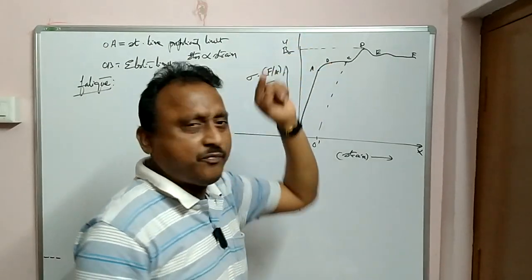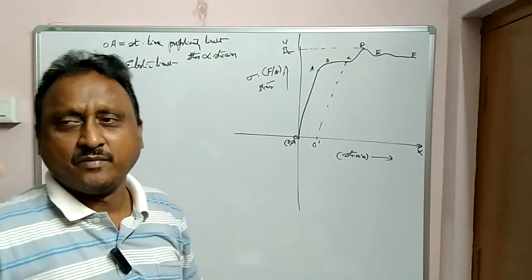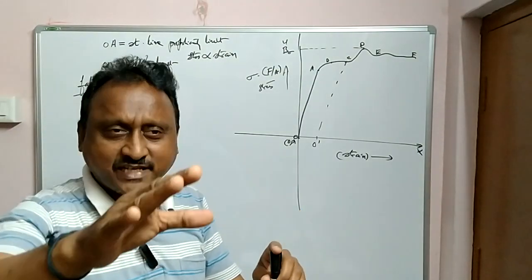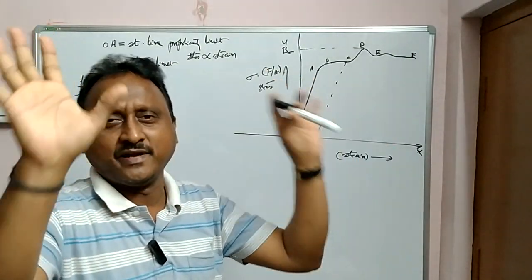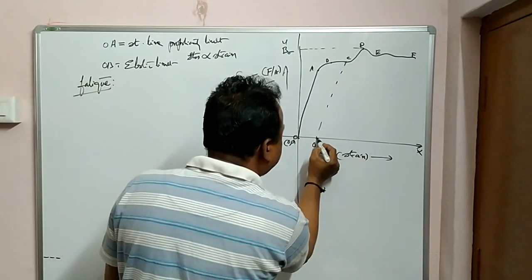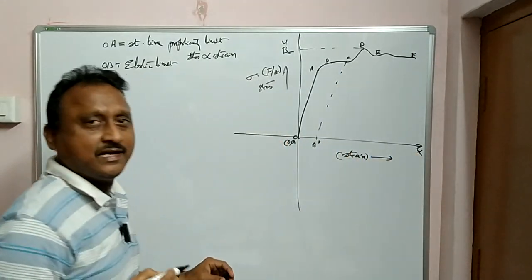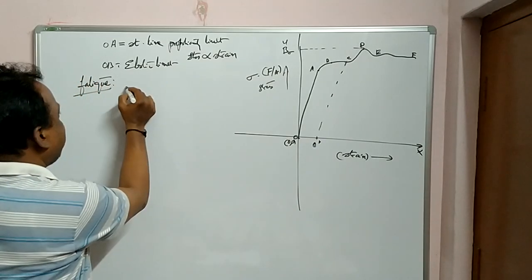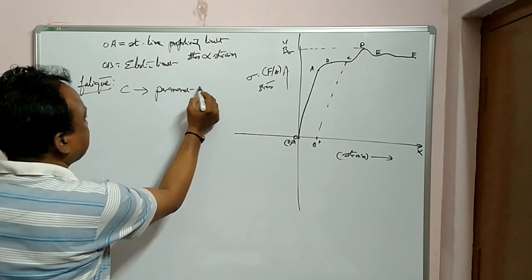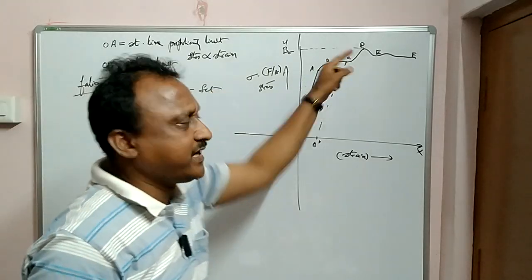And after the B point, what happens? If some more load is added, the B point will extend to C and it goes to permanent set. It won't come back, and it occupies a new origin, O dash, on the x-axis. What is the C point telling us?